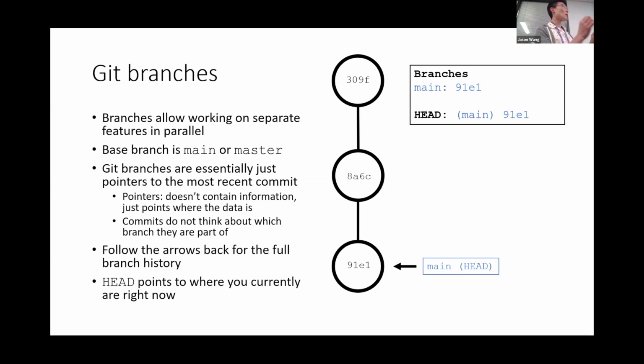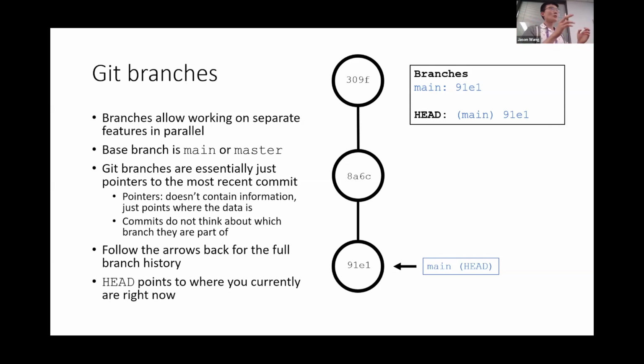Pointers is a term in software development. Pointers themselves don't contain any information. They just point to where the data is. Lots of things in Python and things like that are pointers. You don't really have to think about them. But in this case, it's useful to understand that Git branches are not some big monstrous thing. They're just pointers in our Git commit tree.